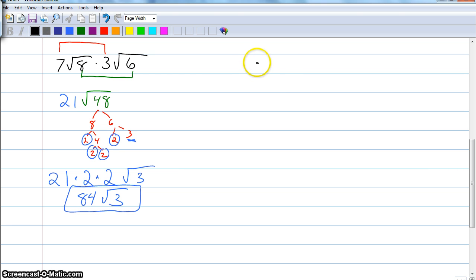One more example. Let's do 12 root 2 divided by 3 root 32. All right, so here's what's up. Just like we can multiply regular times regular and radical times radical, we can divide them too. We can divide regular by regular, and we can divide radical by radical. In fact, let's reduce.